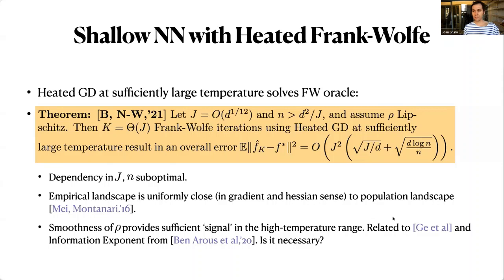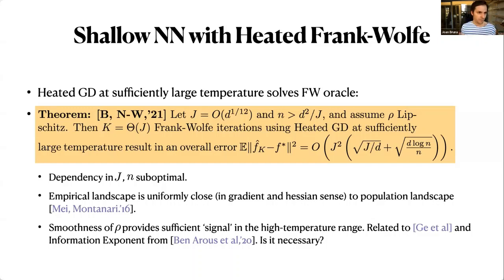This is also related, as I said, to the problem of landscape design by Rong Ge. And this has also been understood with a much more careful analysis of sample complexity in the case where J equals 1 by this paper by Ben Arous, Gheissari and Jagannath, related to what they call the information exponent. So all these signals say that if you have sufficient smoothness in the activation function, then it works.